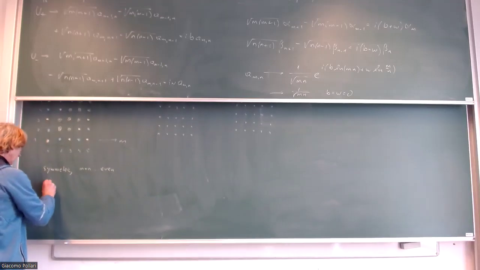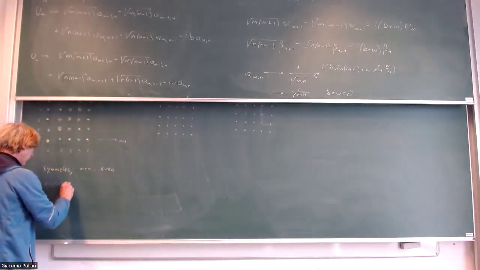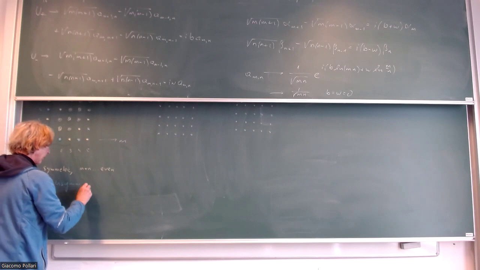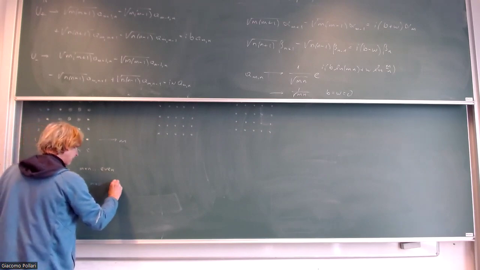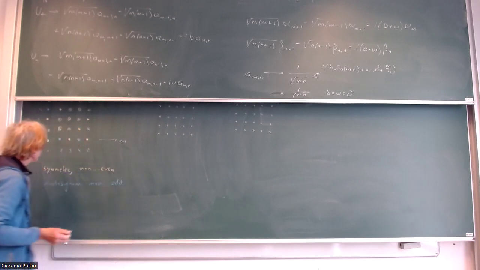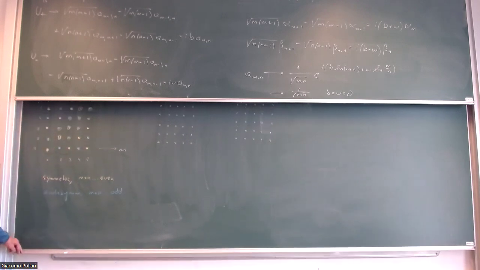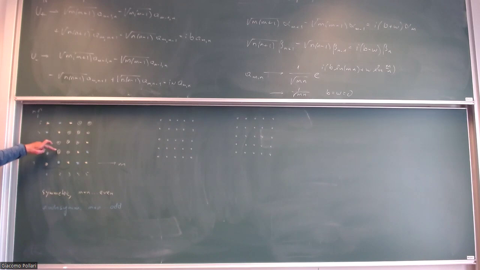This is antisymmetric, m plus n is odd. And of course, for every initial value here we can construct one symmetric solution, and for every pair, plus one, minus one, or whatever, we get an antisymmetric solution.